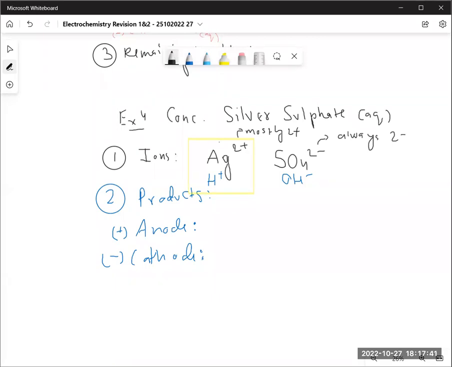Diana, what is the rule for the cathode products? Mawadda, what is the rule for cathode products?